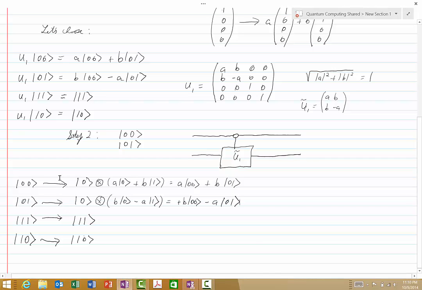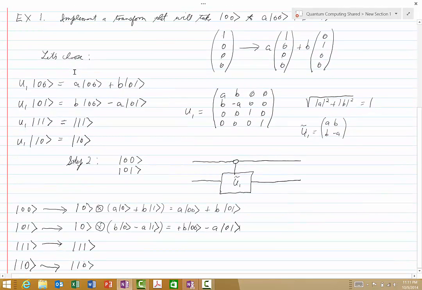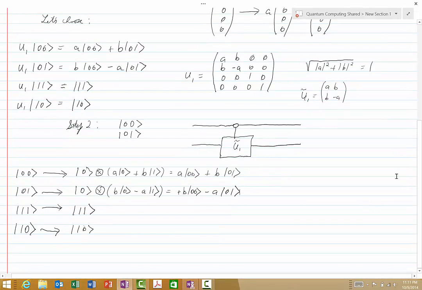Now notice that all of these predictions for the action of this circuit agree with what we had wanted to achieve up here. So we've come up with the correct circuit for this first example, and the matrix describing this circuit is the matrix given here for U1.